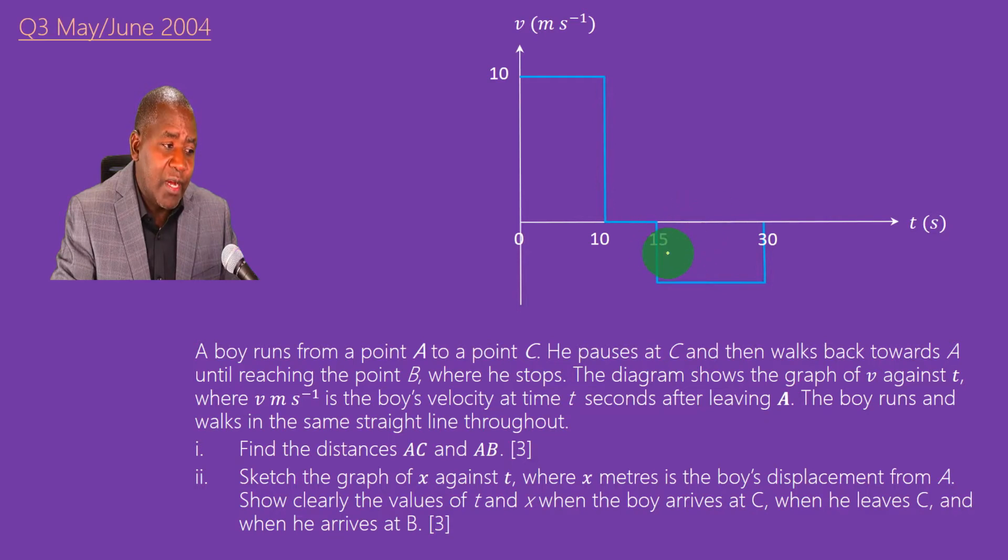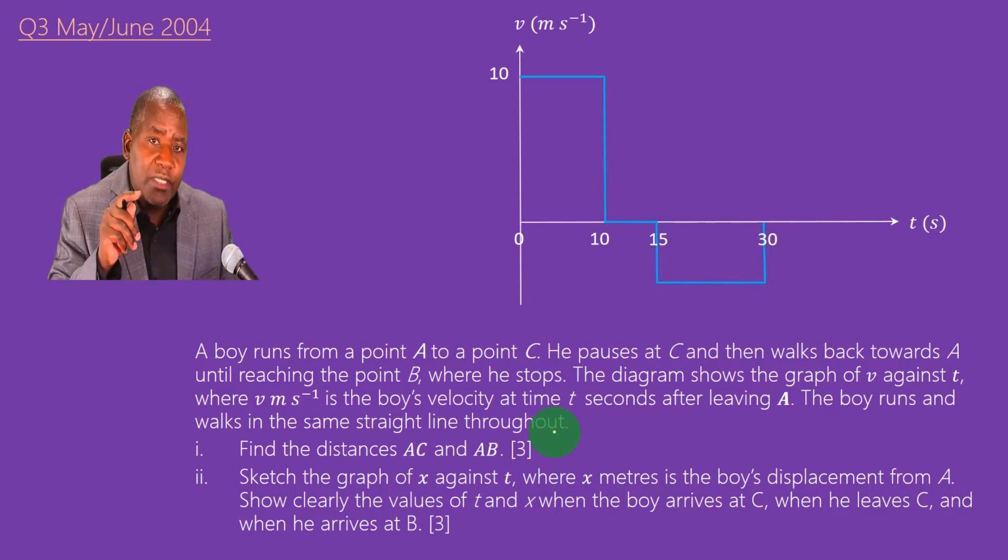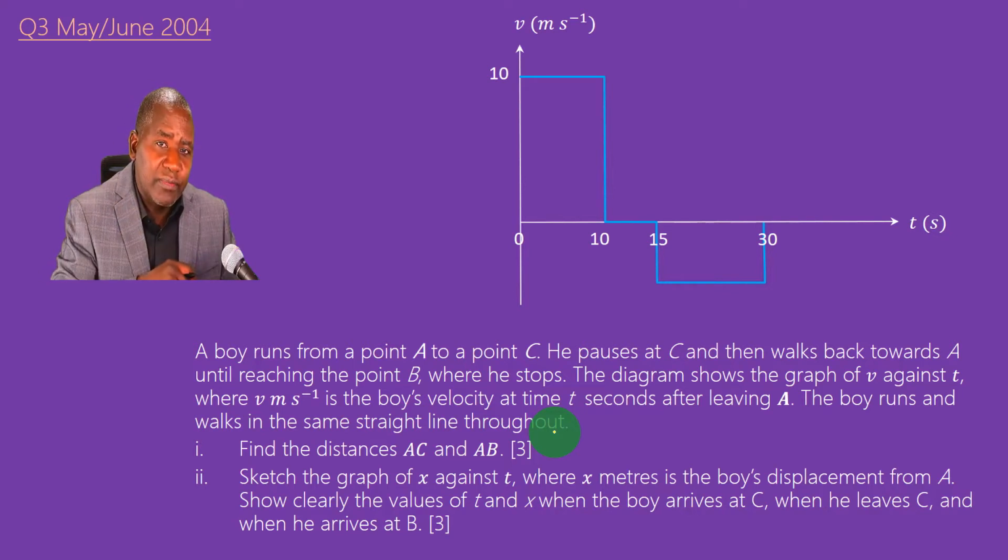While this area also represents displacement. One of them will be positive, another one will be negative. We will see that when we come to the question. So remember, the area represents displacement. The gradient will represent the acceleration.